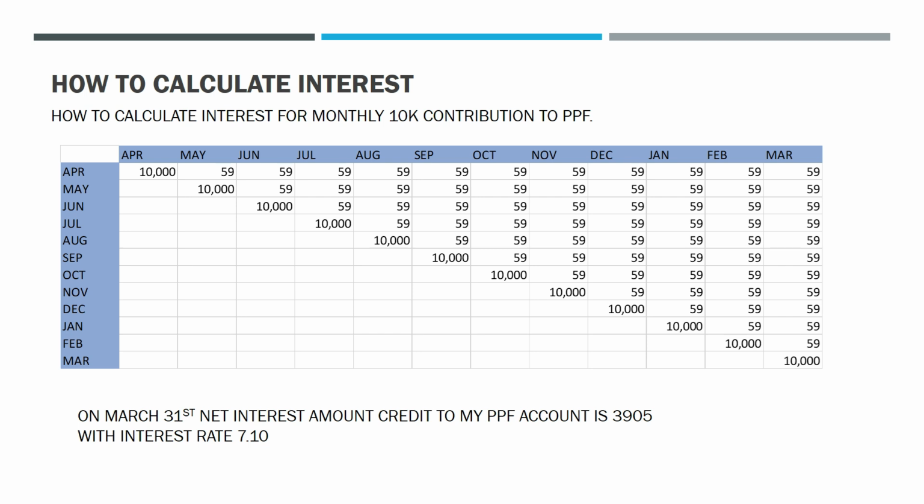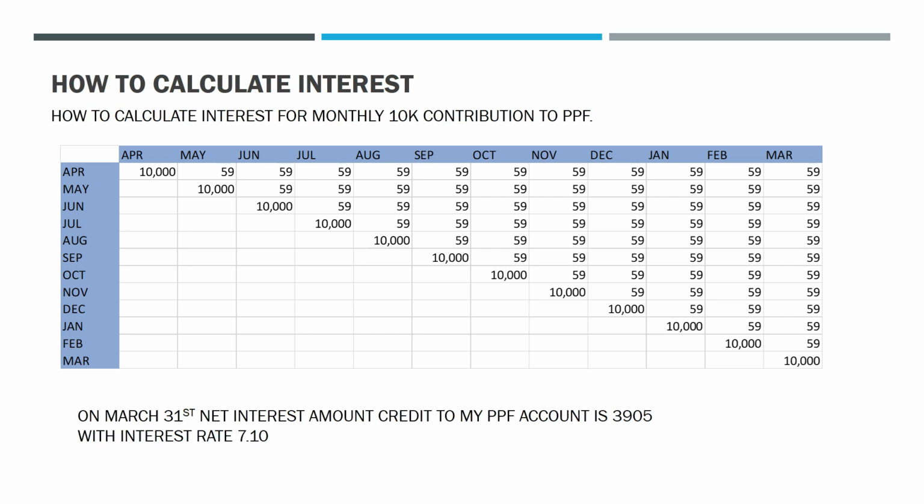In this case, the 10,000 rupees he paid will get 59 rupees simple interest in the May month. And likewise, whatever he contributed, the simple interest will be calculated and added to your PPF account on March 31st. In this case, the person is going to get 3,905 as an interest amount credited to his PPF account.